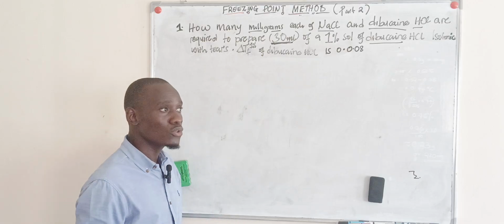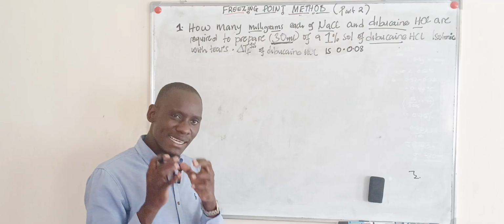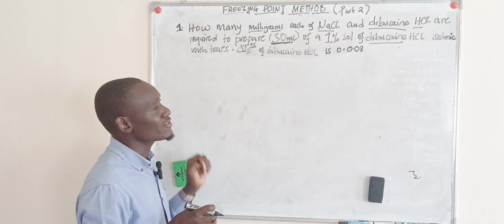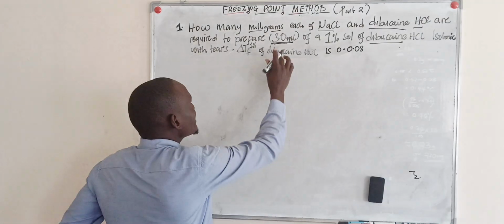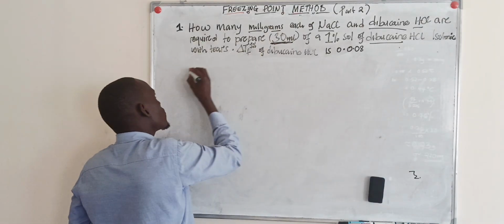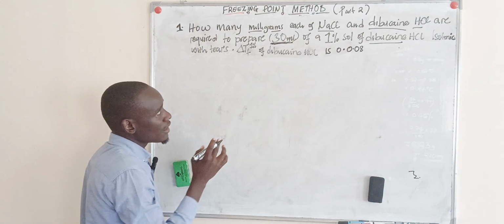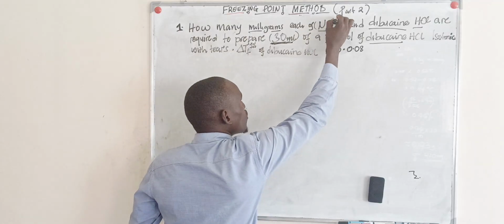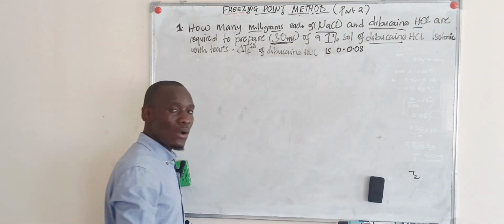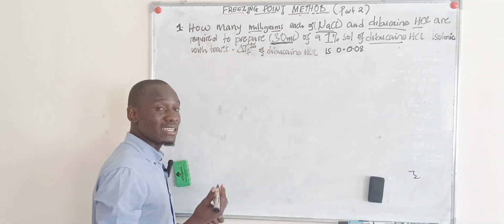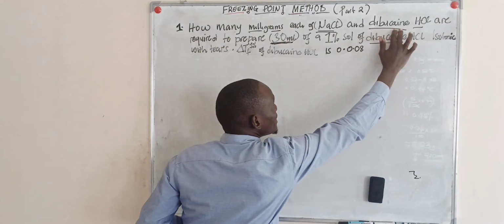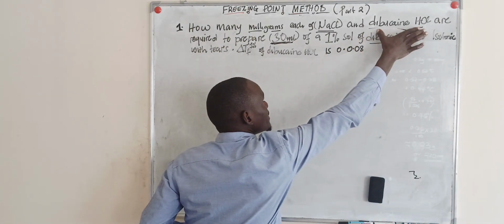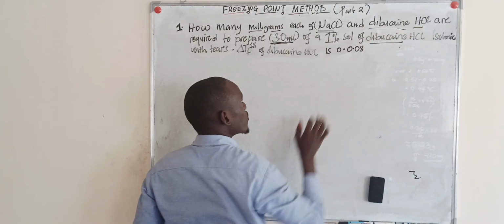So I want you to pay keen attention as we go through this number. The first thing, the volume required is 30. In this case, we are going to use sodium chloride as our adjusting substance, just like we did in part 1, and our main active drug here is the butyl hydrochloride.